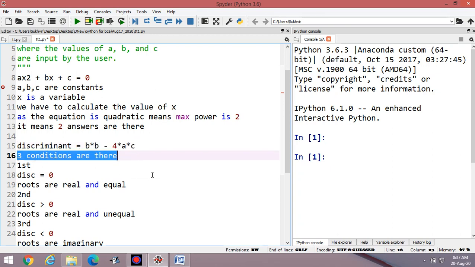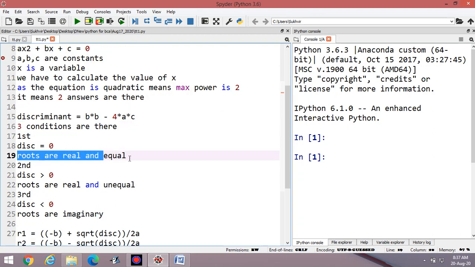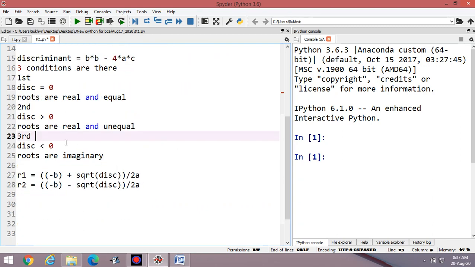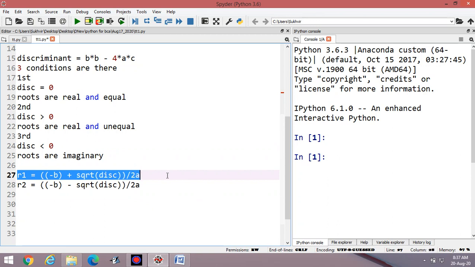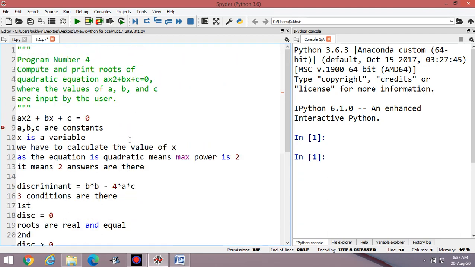If discriminant is equal to 0, roots are real and equal. If it is greater than 0, roots are real and unequal. If it is less than 0, roots are imaginary. The formula for roots is minus b plus minus square root of discriminant divided by 2a. Plus is for the first root and minus is for the second root. It is the basic criteria.